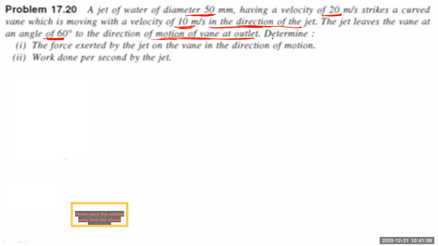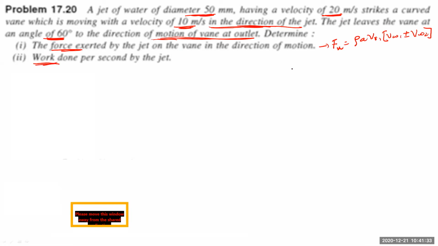Now these are the given inputs. What is the question asking? It is asking for the force exerted. If you remember the formula for force exerted, Fx equals rho A VR1 times (VW1 plus or minus VW2). This is your relation for the force.